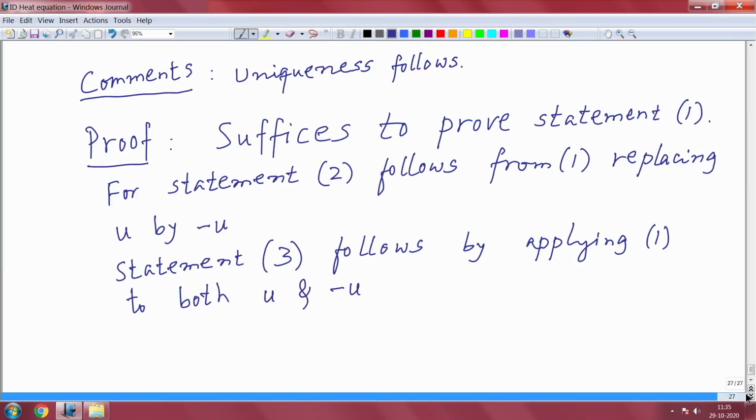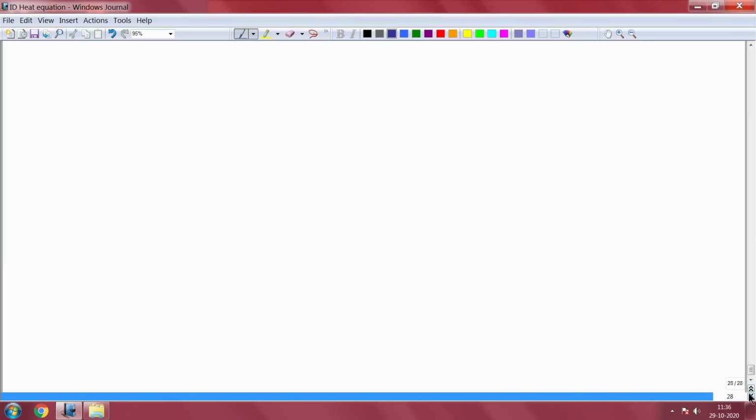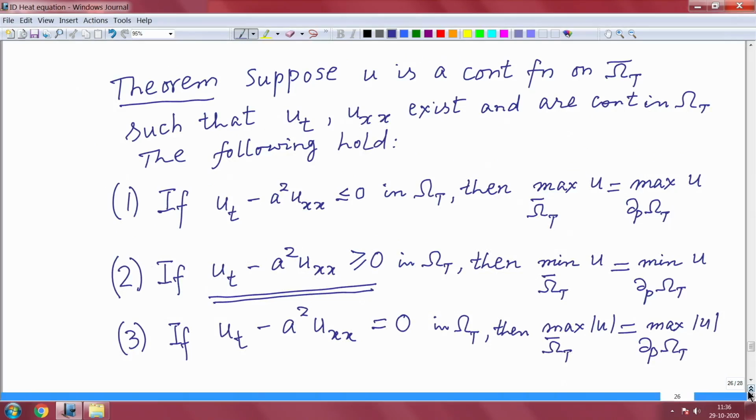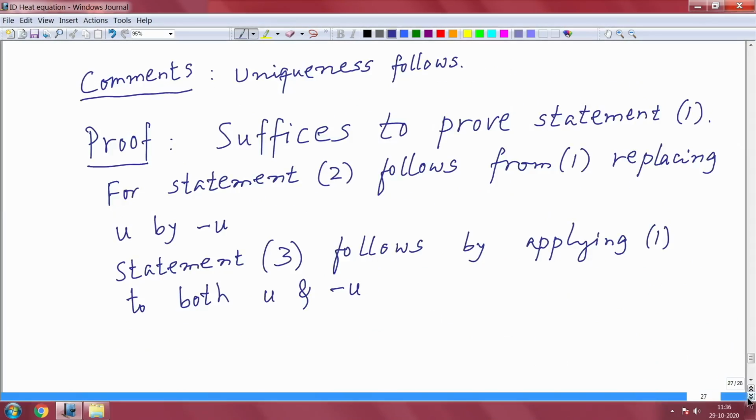So, when there is equality here, there is equality here. So, it is both less than or equal to 0 and greater than or equal to 0. So, I can apply again statement 1 to both u and minus u, and then that results in this statement. Okay. So, it suffices to prove just statement 1, that is the observation.